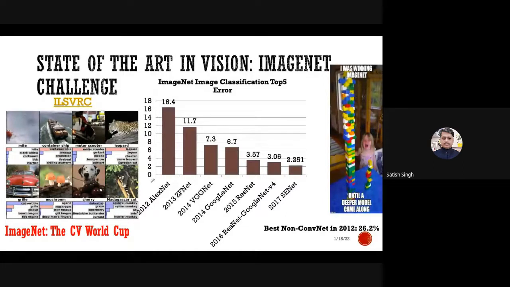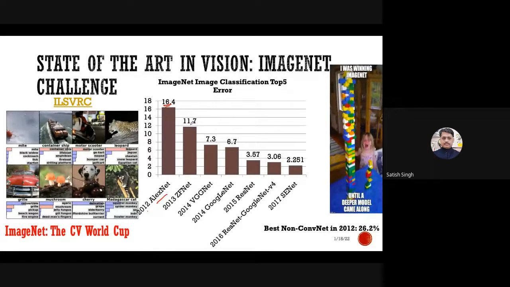For ImageNet in 2012, AlexNet came into the picture, and this was the error percentage. 16.4% error was reported. And in 2013, the Zeiler and Fergus net came into the picture, and the error rate decreased from 16 to 11.